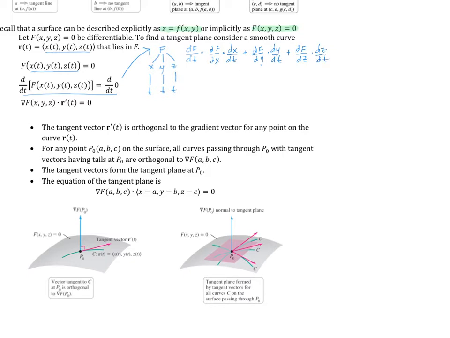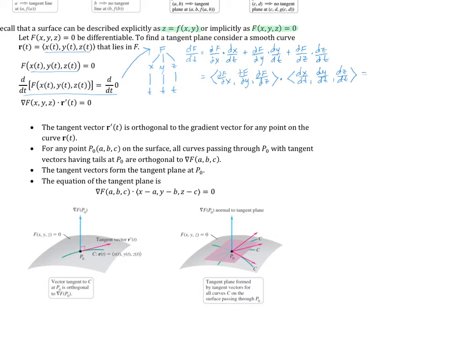Looking at this derivative, I can see that I can decompose it into the dot product of two vectors, where one vector is the partial of f with respect to x, partial of f with respect to y, partial of f with respect to z, dotted with dx/dt, dy/dt, dz/dt.